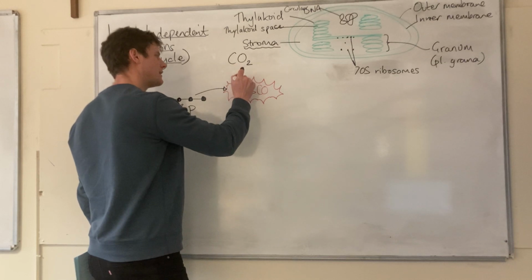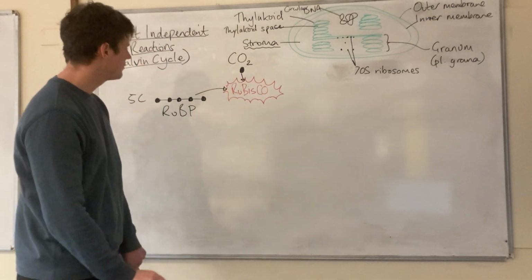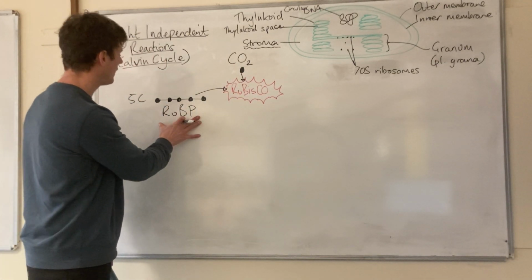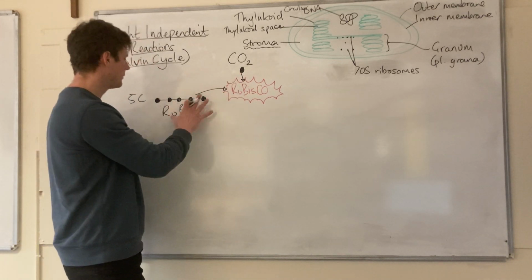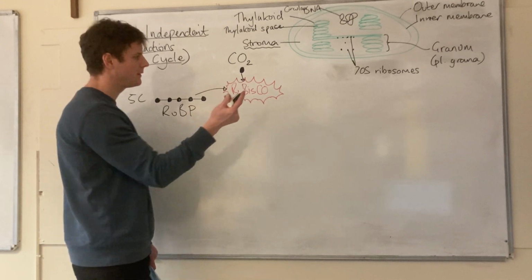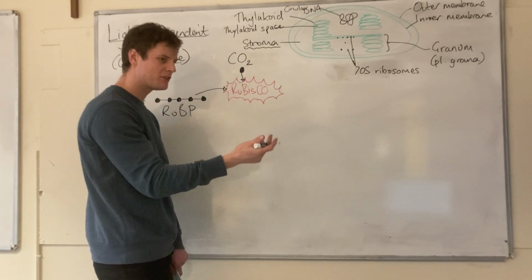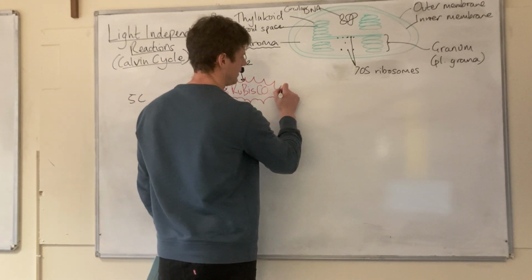Carbon dioxide is able to bind to the Rubisco with the RuBP. The carbon dioxide combines with the RuBP, and for a very short time that produces a 6-carbon molecule, but it's so unstable that we can ignore that.